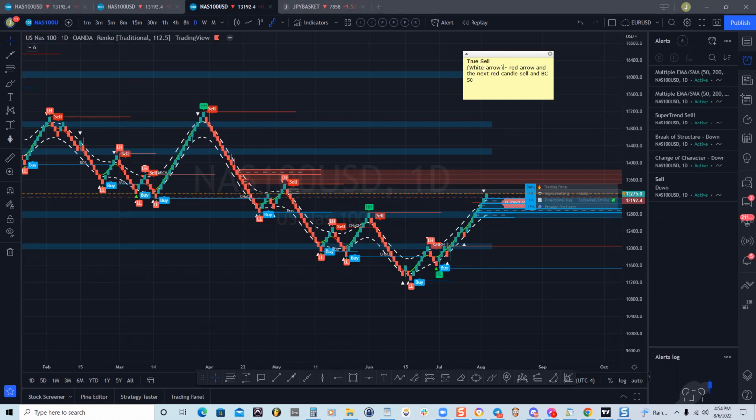Does anyone understand what that means when I say I have a non-repainting indicator? Who can explain that? It doesn't adjust to the movement of price. That's non-repainting.